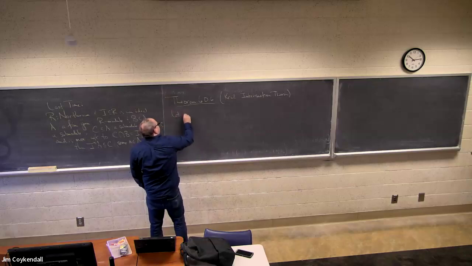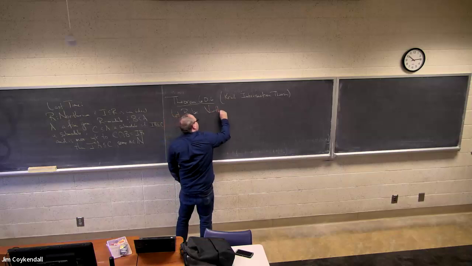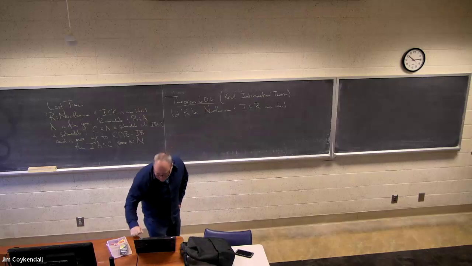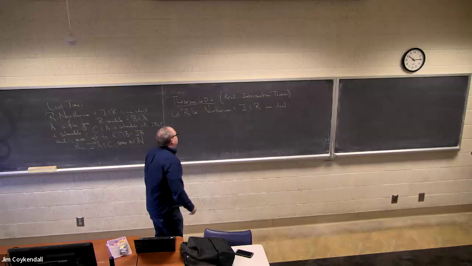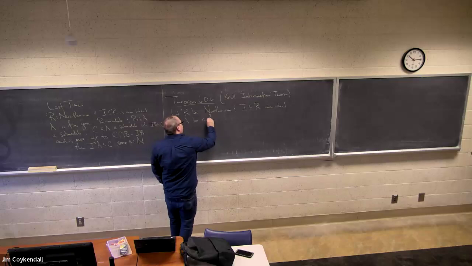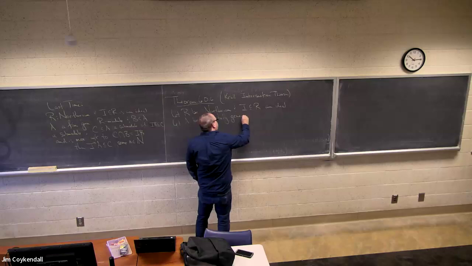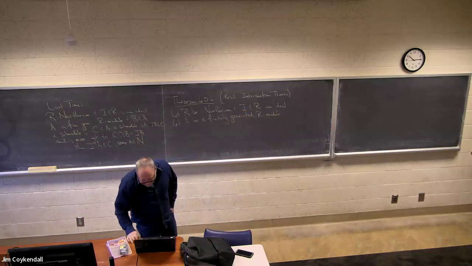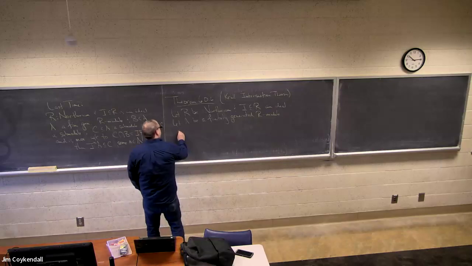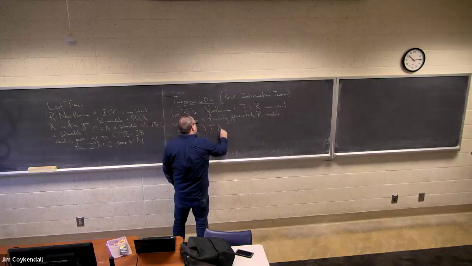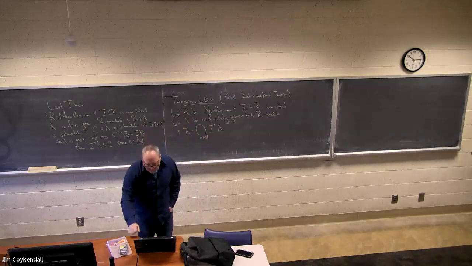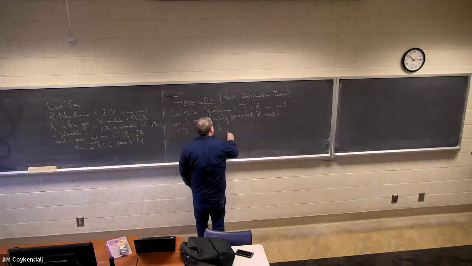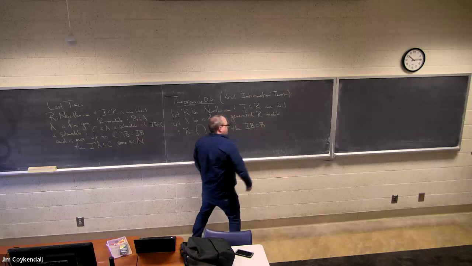Let R be Noetherian, and I an ideal of R. Now let A be a finitely generated R module, and let B be the intersection of higher and higher powers I^n A. Then IB is equal to B.